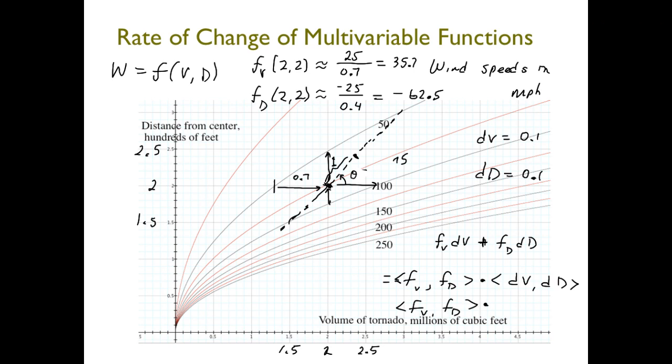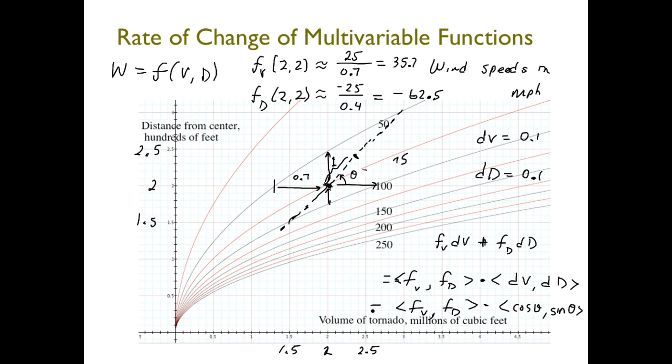Any direction theta. Yeah, that's right. Wouldn't it be cosine theta, sine theta that would give me that change in v and that change in d such that this would be a unit vector? Because that'll have a magnitude of 1. That's on the unit circle, right?